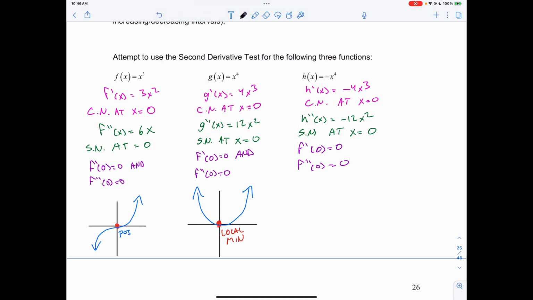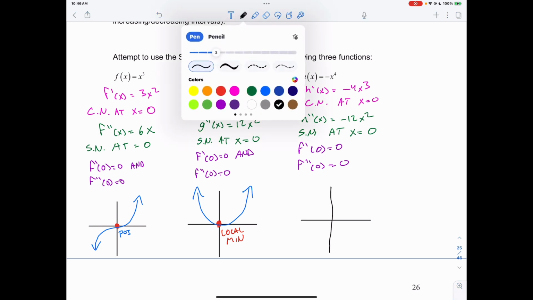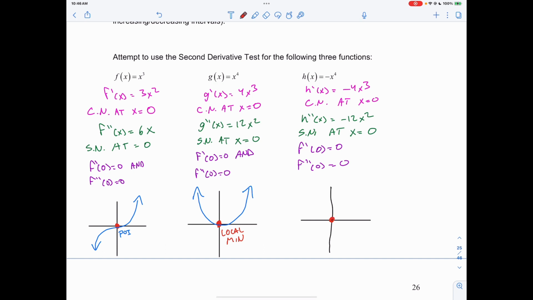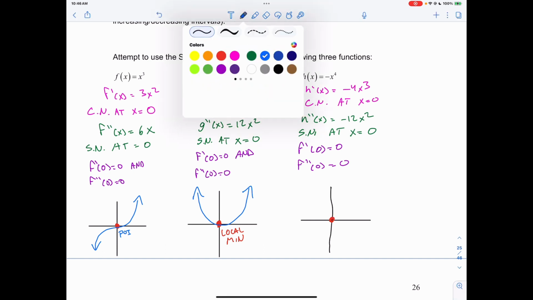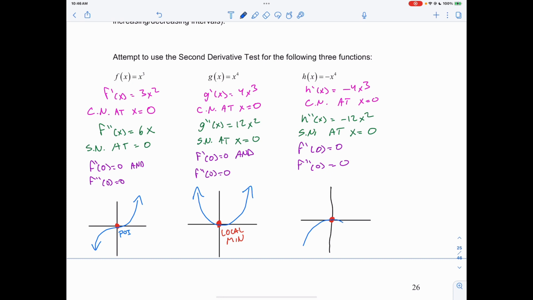But unlike both the last two cases, when I graph it out, it happens to be a local maximum. So when both our first derivative and our second derivative are 0 at a point, it could be a point of inflection, it could be a local minimum, it could be a local maximum. It is not enough to determine.